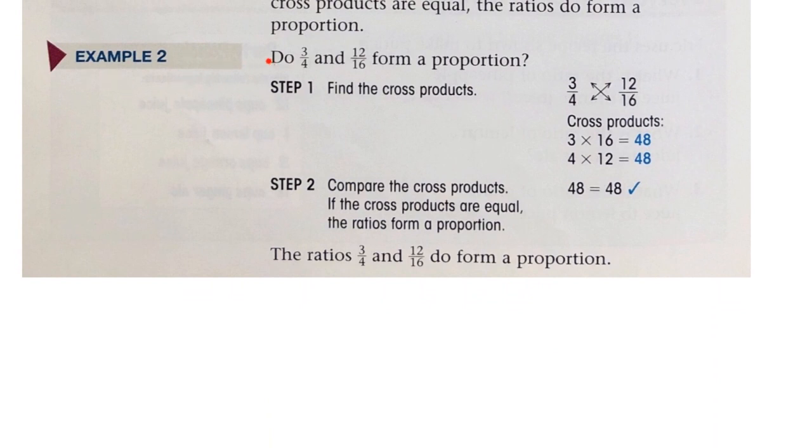Example 2 has, do 3 over 4 and 12 over 16 form a proportion? Step 1, find the cross products. So we are multiplying diagonally the two fractions. 3 times 16 equals 48, and 4 times 12 equals 48.